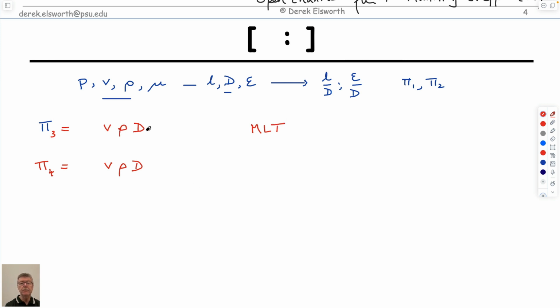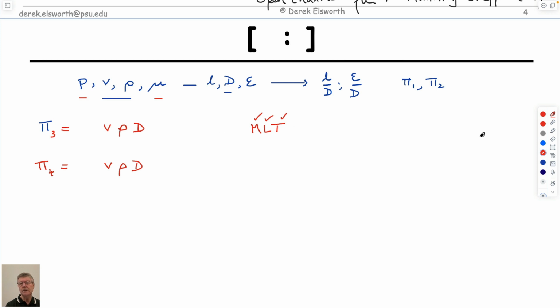So mass per unit volume, length over time. So these groups include all of those. And so from these then, now I have 2 other variables which are left over. And these 2 variables are pressure and viscosity. And so I'm doing this with prior knowledge. You wouldn't necessarily know this.